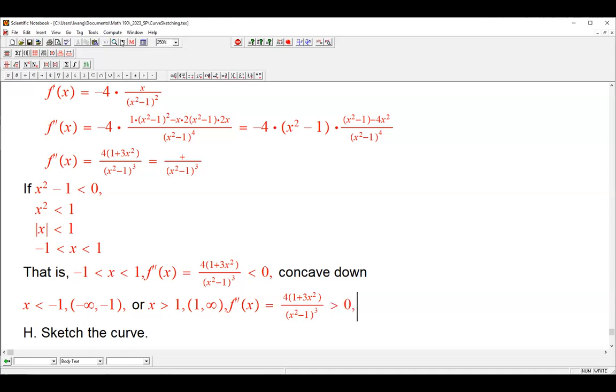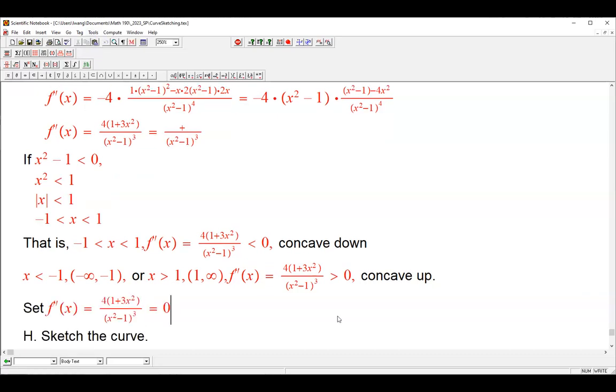And that's concave up. So concavity is studied. Next, we have no inflection point, because when we set the second order derivative equal to 0, there is no solution. So no point of inflection.